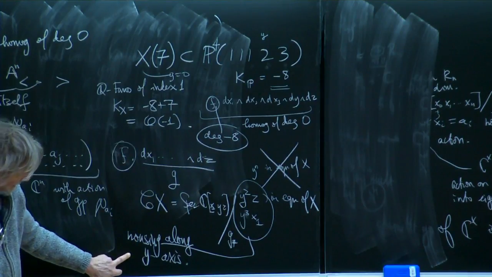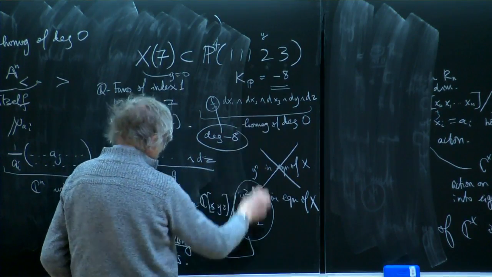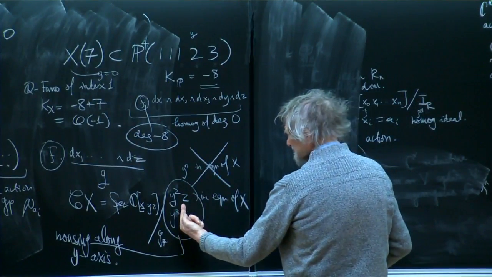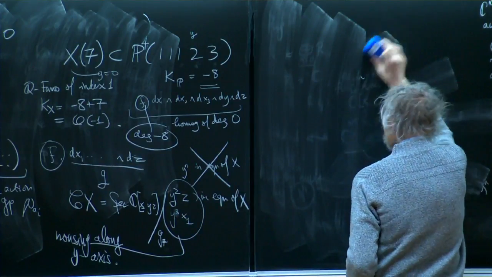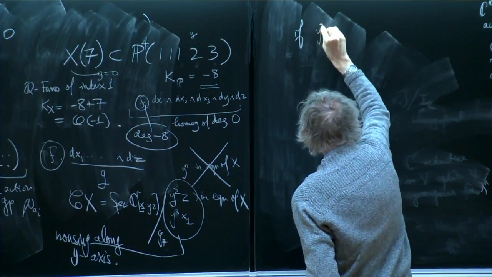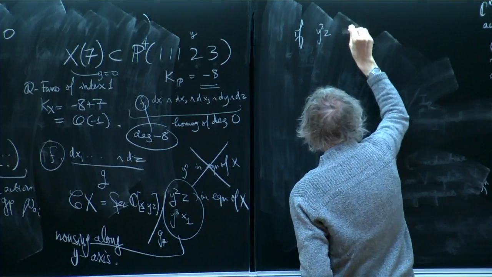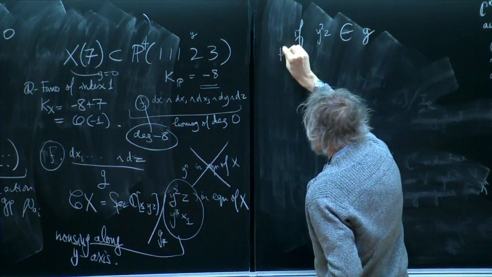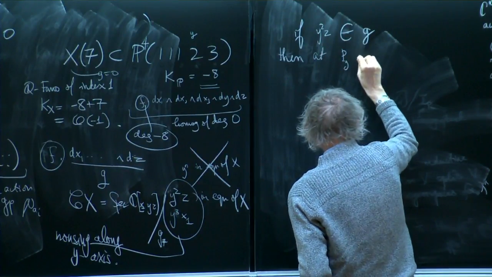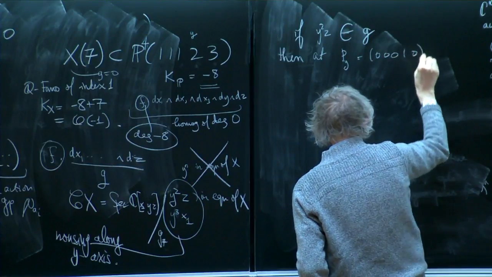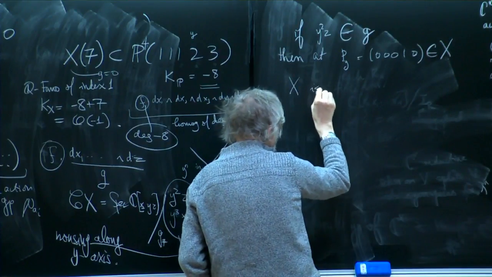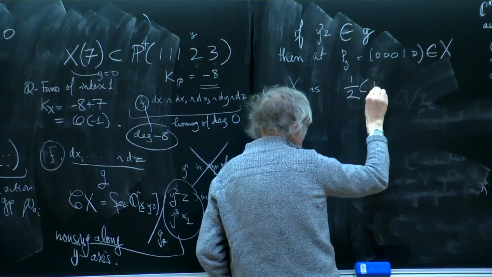So this means that at P_y, if this monomial is present, which is the general case and the preferred case, so if y squared z is present, then at the point P_y, which is the point 0, 0, 0, 1, 0 in X, X is 1/2 of 1, 1, 1.